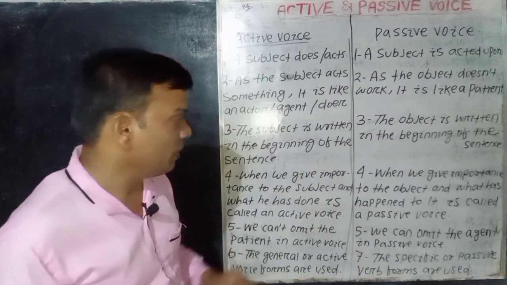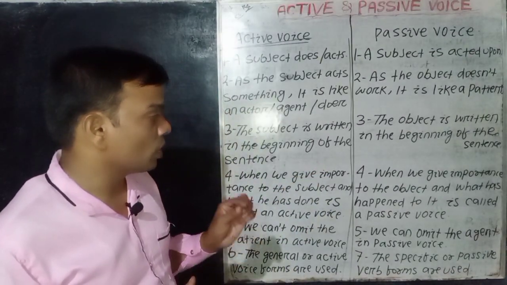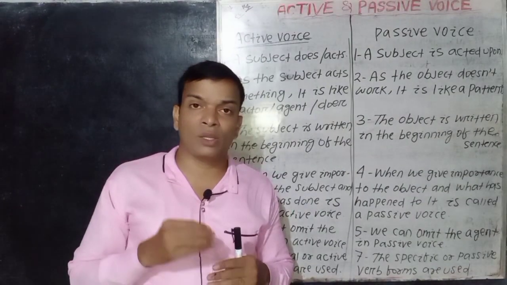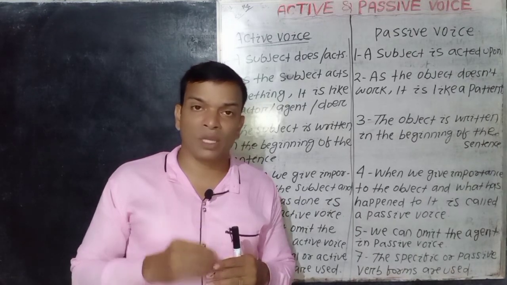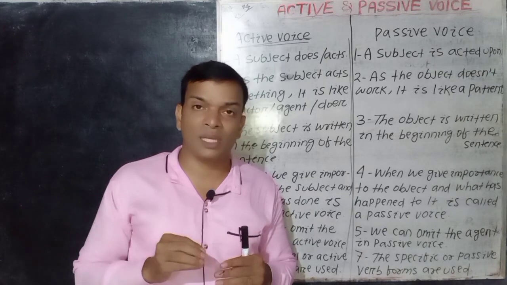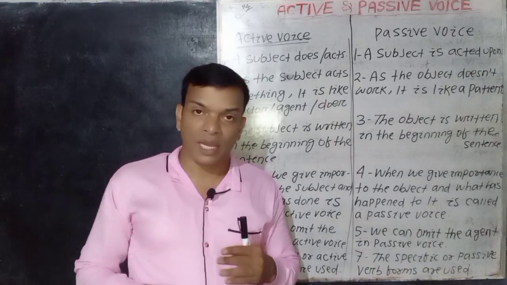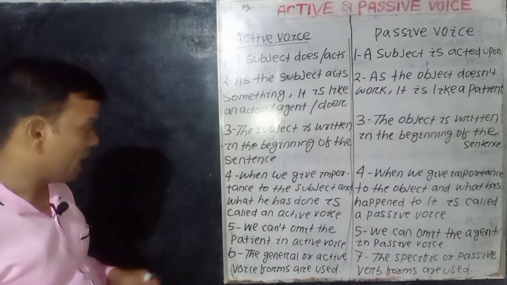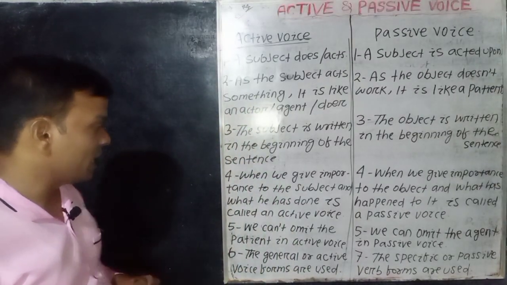And when we give importance to the object and what has happened to it, it is called a passive voice. When the object is used in the beginning of the sentence and the speaker puts emphasis on the object and what has happened to it, then we call the sentence passive voice.